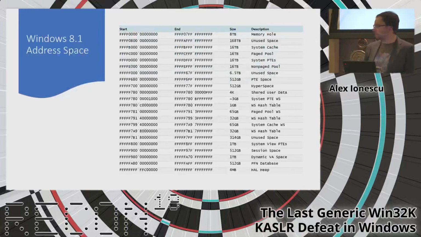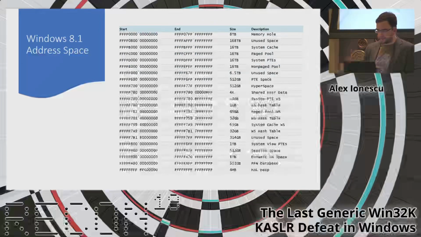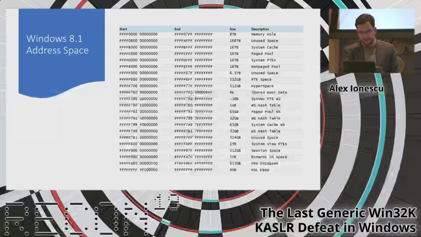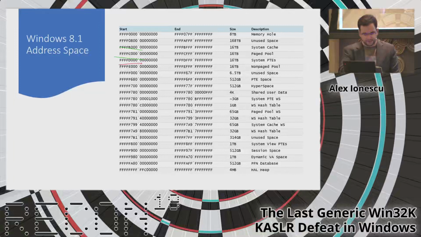So in Windows 8.1, for example, and this was an old blog post table that I made, the entire address space was basically predefined. Right? So your system cache was FFFFB, page pool was FFFFC, system PTEs were FFFFD, non-paged pool was FFFFE, and so on and so forth.